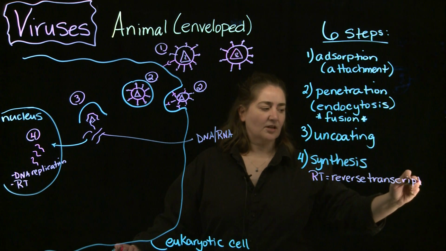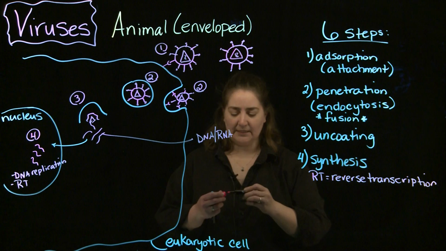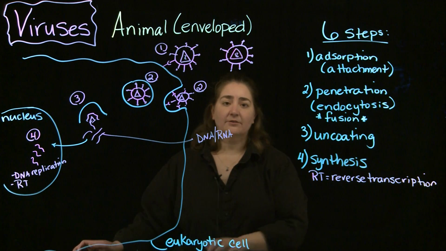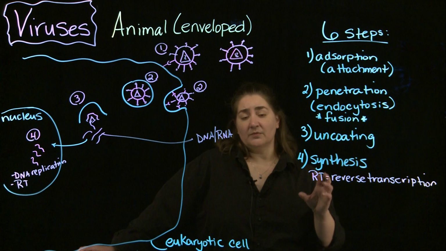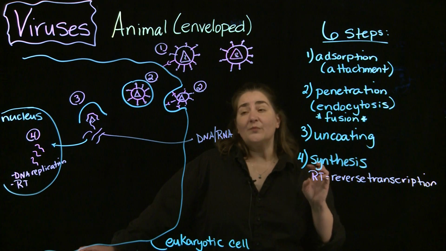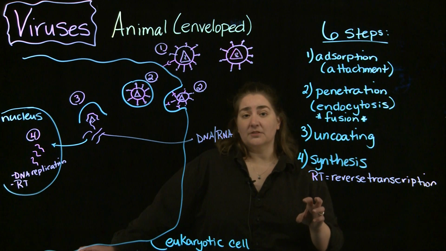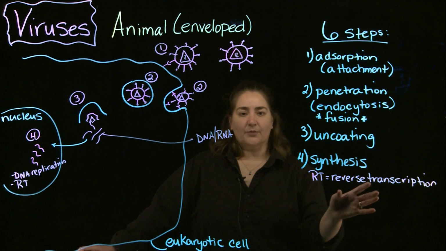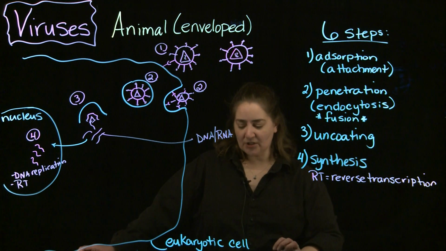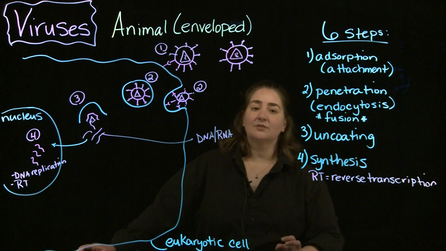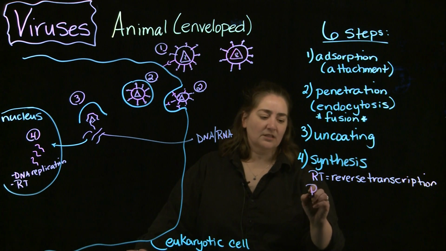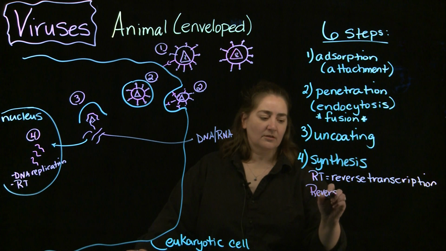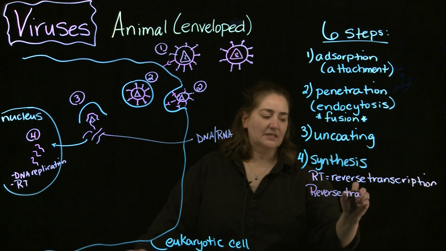Something I haven't talked about up to this point is that some viruses are going to have proteins that are unique to making that particular virus, all right? The process of reverse transcription is going to be one of those unique proteins. There is a protein known as reverse transcriptase.